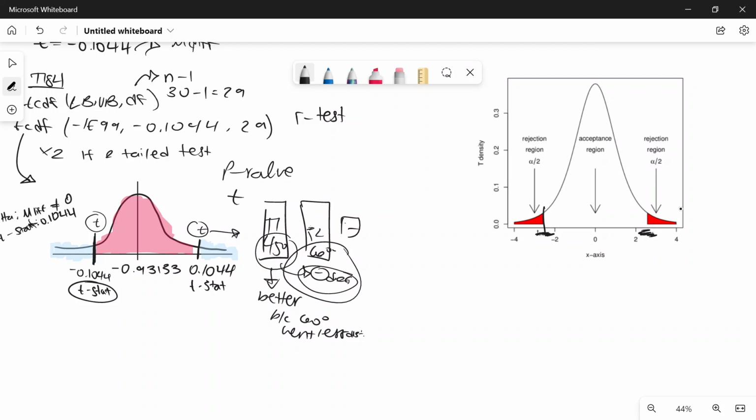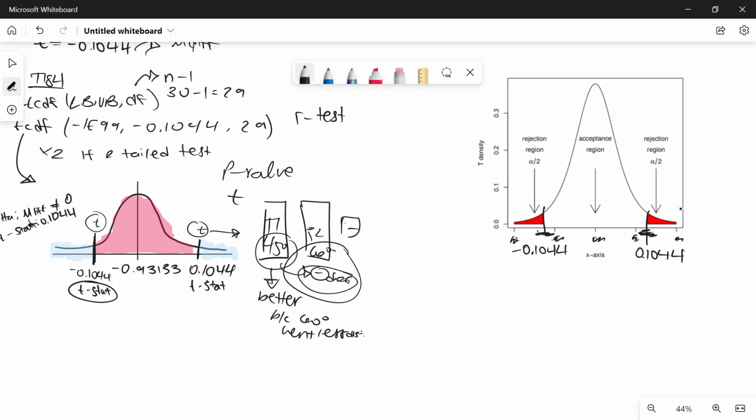is negative 0.1044. And then over here is 0.1044. And essentially, ignoring these values here, I'm looking for the rejection region.